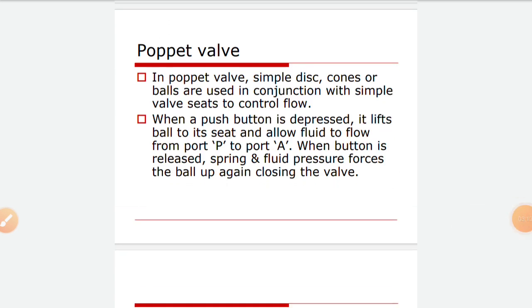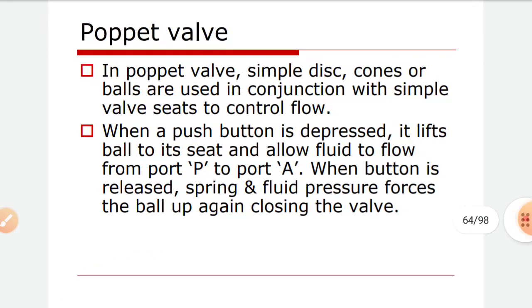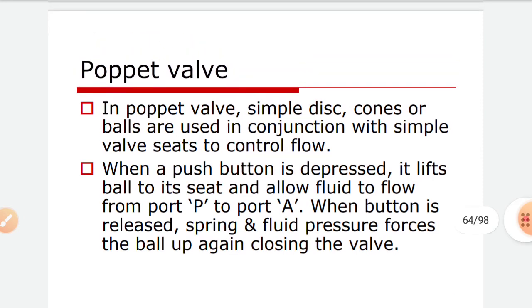First one is a poppet valve. In poppet valve, simple discs, cones or balls are used in conjunction with simple valve seats to control flow. When a push button is depressed, it lifts the ball off its seat and allows fluid to flow from port P to port A. When the button is released, spring and fluid pressure force the ball back, closing the valve.